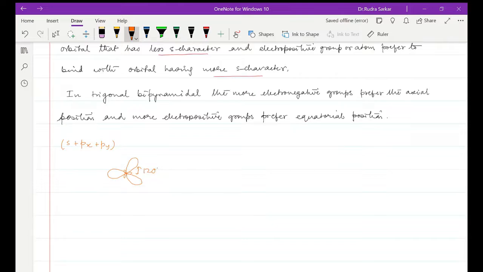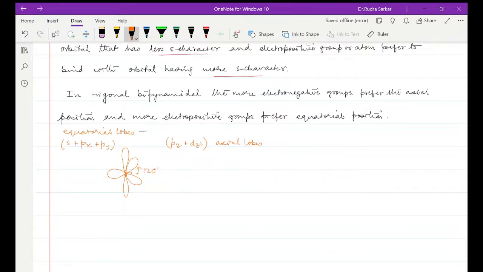There is another lobe formed by the combination of pz and dz square, and these are called the axial lobes, and these are called the equatorial lobes.